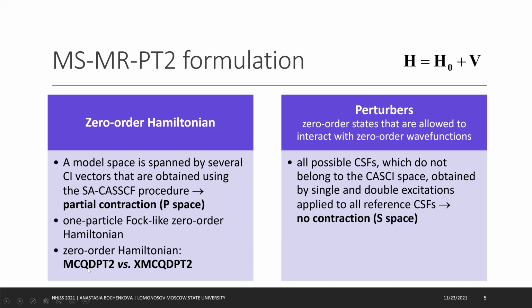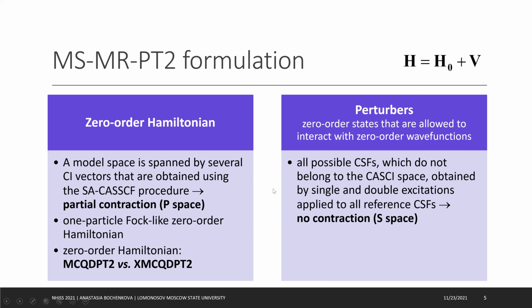MCQDPT without X is basically a non-invariant theory, while the extended version becomes invariant with respect to rotation of the CASSCF vectors inside the model space. This is because we use the entire H0 Hamiltonian, which looks non-diagonal in the basis of the CASSCF vectors.